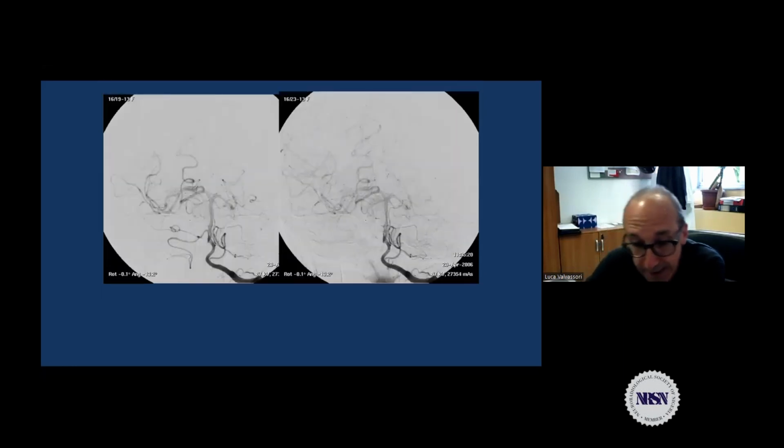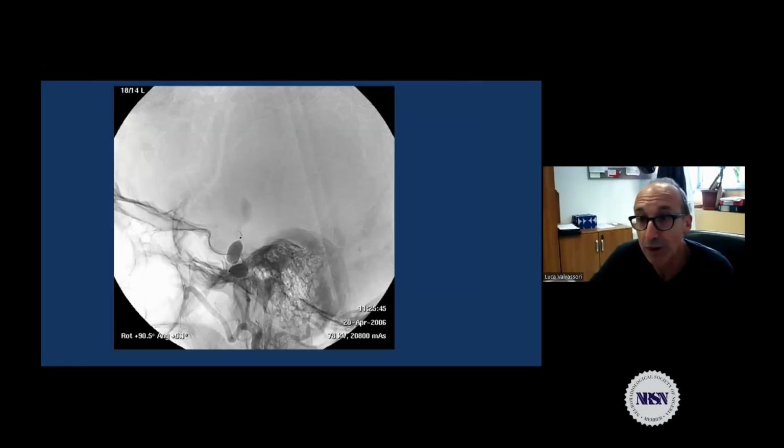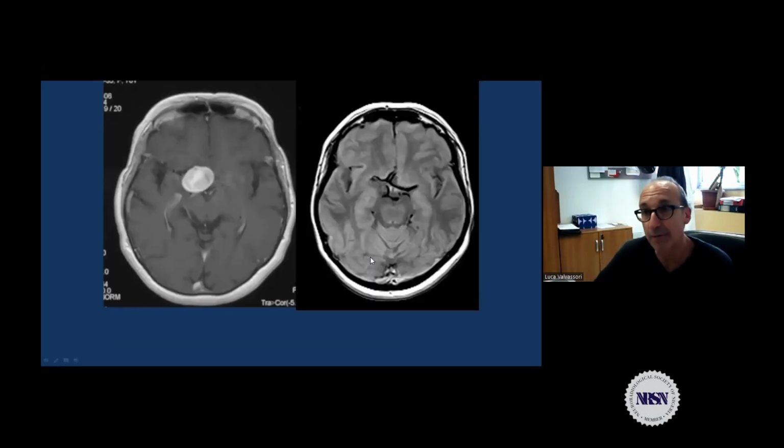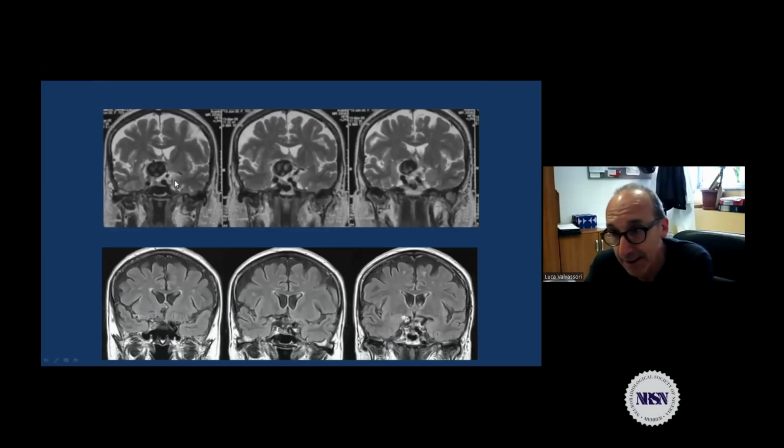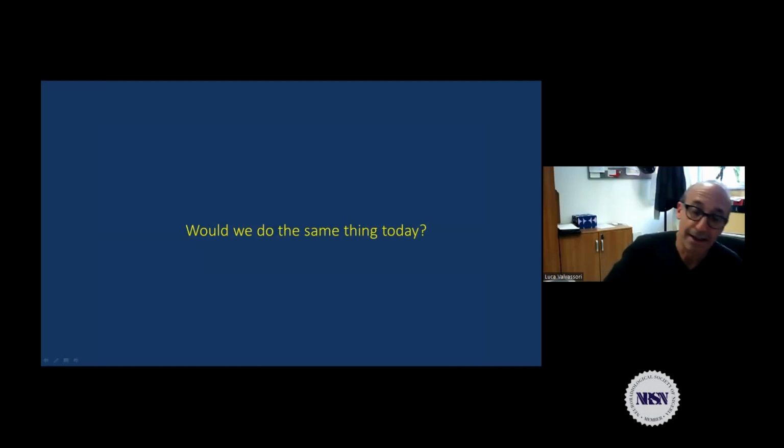We inflate a balloon without detaching. We do other series and see that the collateral flow is very good. So we detach the first balloon and we place another balloon proximal. And this is the final result in the follow-up. Here is before, and this is some months after. In the upper row, you see the aneurysm, and this is the control, and the patient is going very well.